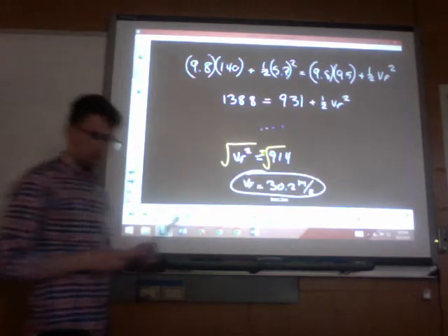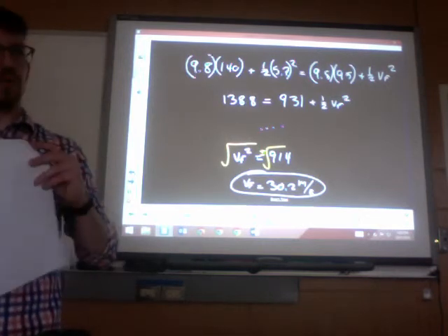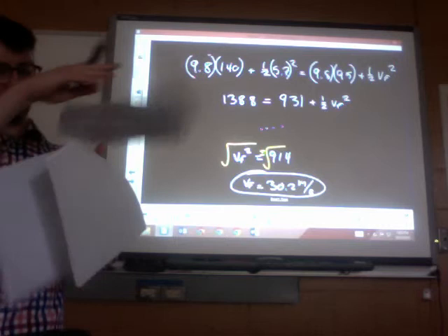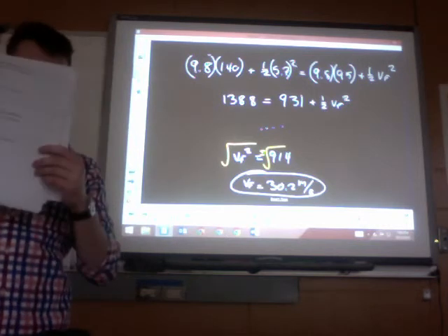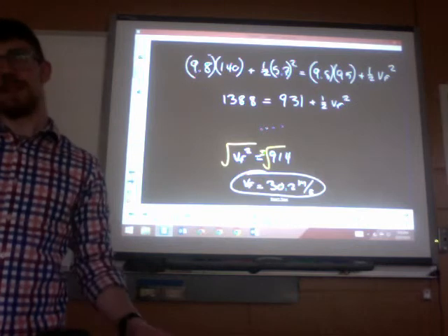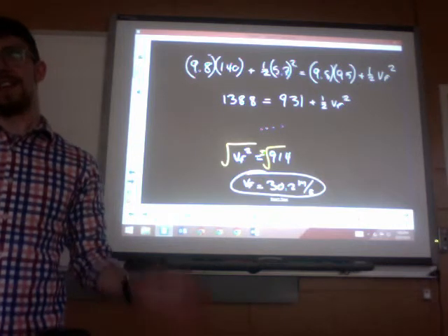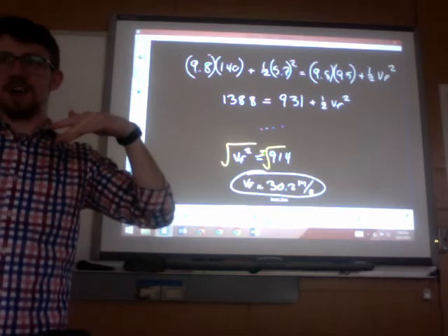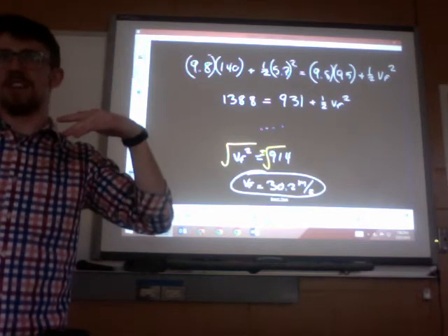So what direction do you think it's going in the picture? Is it going straight up, straight down, straight left, straight right, or is it a diagonal?